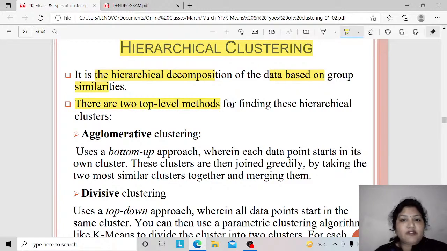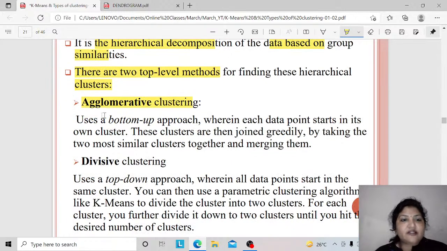The two top level methods for finding these hierarchical clusters are agglomerative clustering and divisive clustering. Let us understand this, and I will be showing you how we make dendrograms out of it, using either of them. Agglomerative clustering uses a bottom up approach, wherein each data point starts in its own cluster.